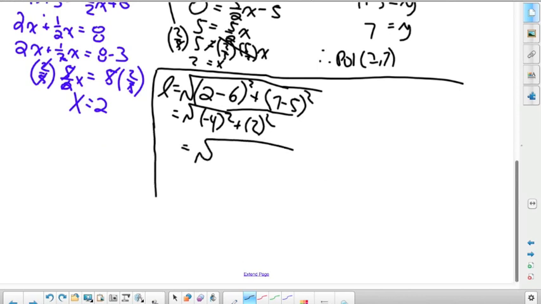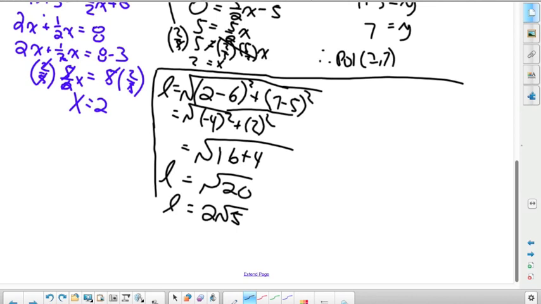That's equal to square root of 16 plus 4, how come we keep coming with square root of 20? So L is equal to square root of 20. We reduce that radical, it's 2 root 5. And that is the length. So that is the shortest length from that point to that line.